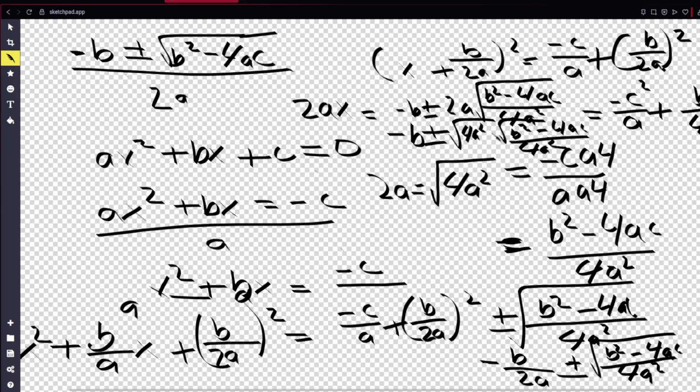Which cancels this out, giving us just b squared minus 4ac, so it's going to be 2ax equals negative b plus or minus square root b squared minus 4ac. It's a little messy now.